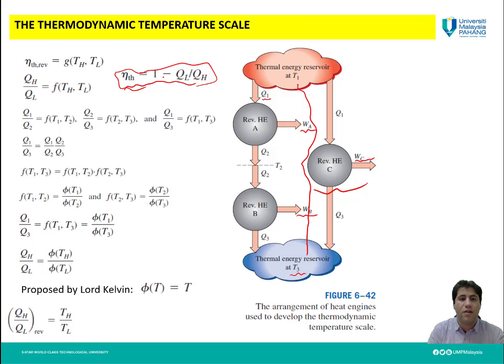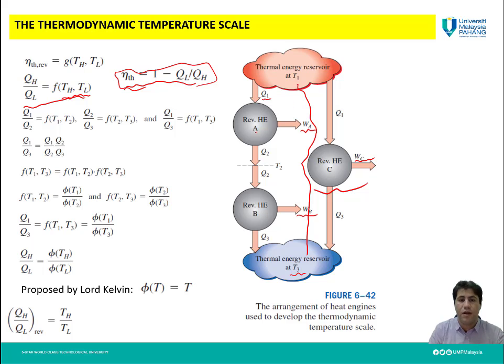And also you know that QH and QL are a function of the temperature of those two reservoirs. We can write this equation: QH divided by QL is a function of TH and TL, the temperatures of these two reservoirs.